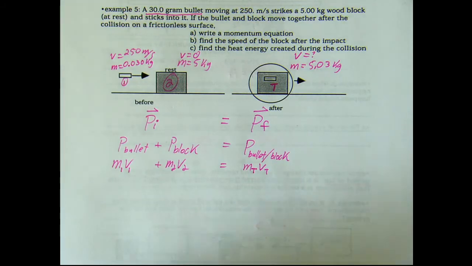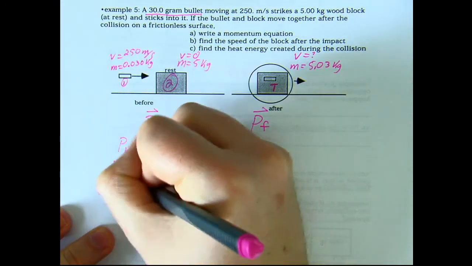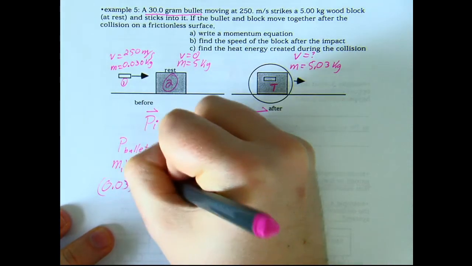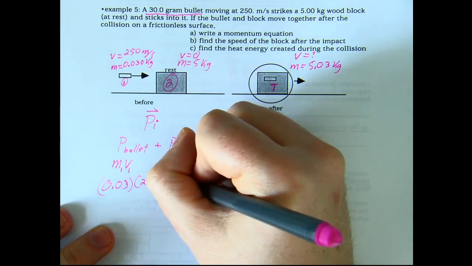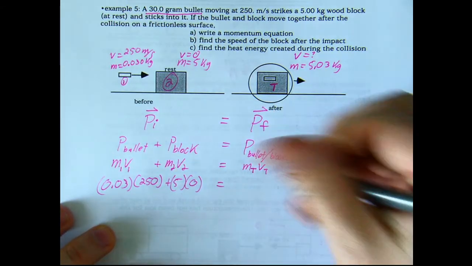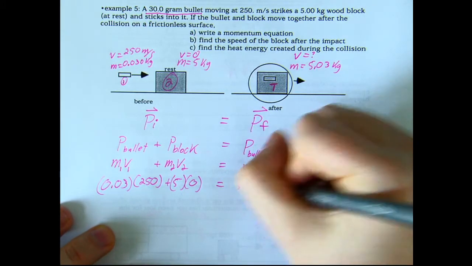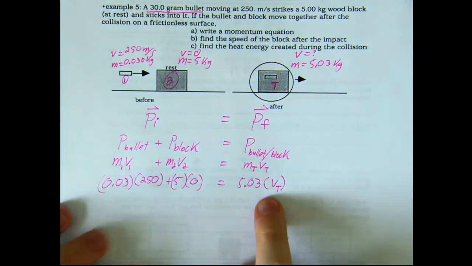So m1v1 is going to be 0.03 kilograms times 250 meters per second, plus a 5 kilogram mass times no velocity, and that's going to equal my total mass, 5.03, times v total, which is what we're looking for here.